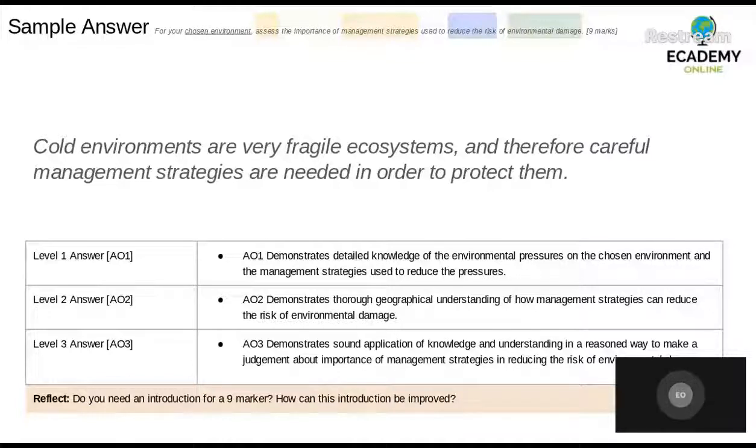Okay, so here's a sample answer that we can look at. This is looking at an introduction. So the first thing to remember is, do we actually need an introduction to a 9-mark question? And this is a line taken from an introduction. So have a look at it and let me know what you think of it in the chat box.